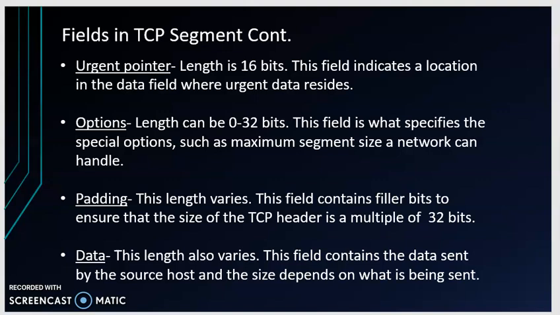This length varies, it's a variable length, because it contains filler bits to ensure that the size of the TCP header is a multiple of 32 bits. The next one is data. This length also varies. This field contains the data sent by the source host, and the size of this depends on what is being sent.